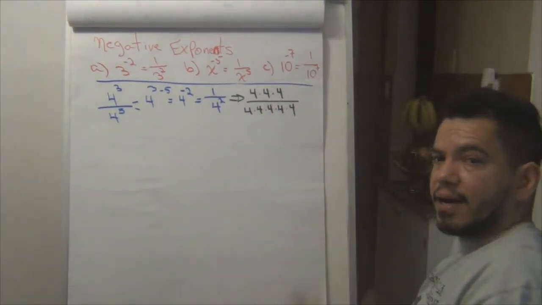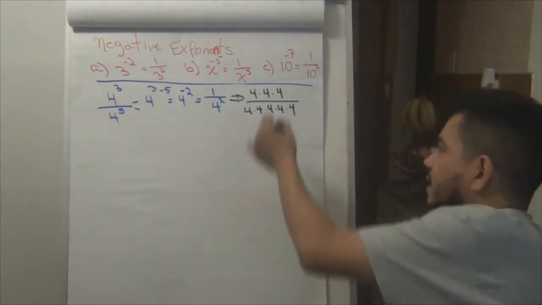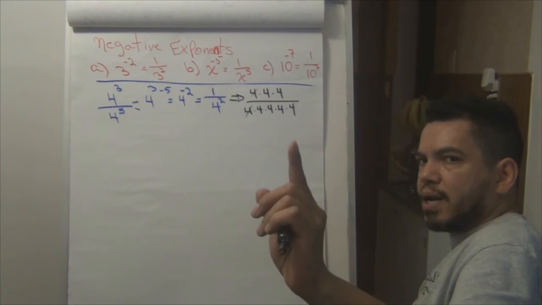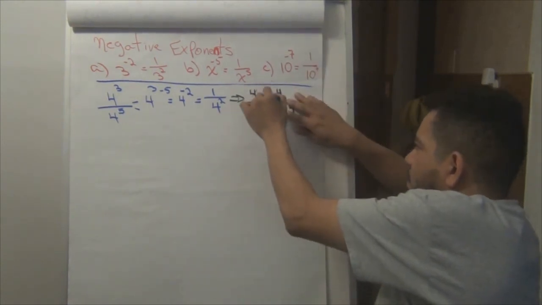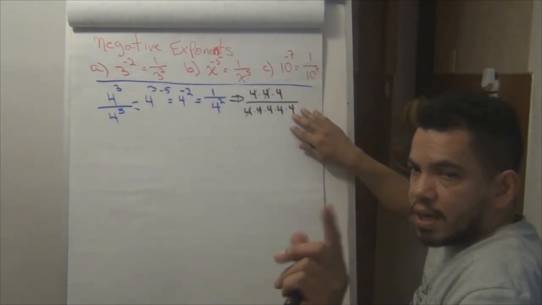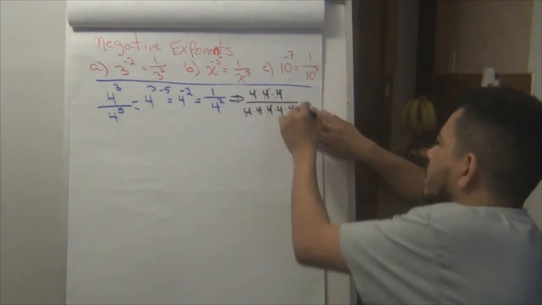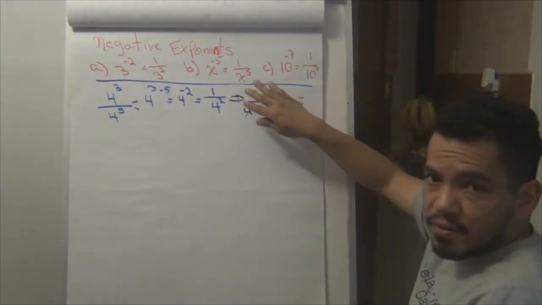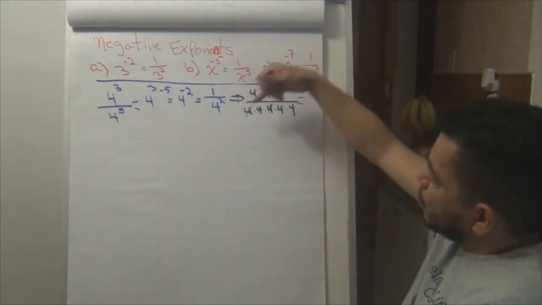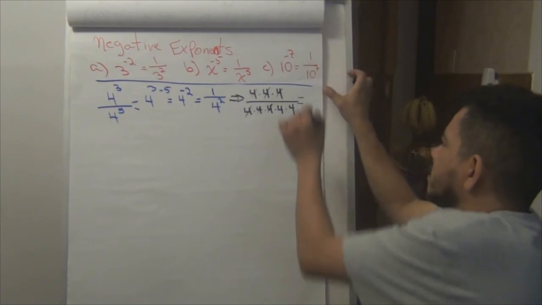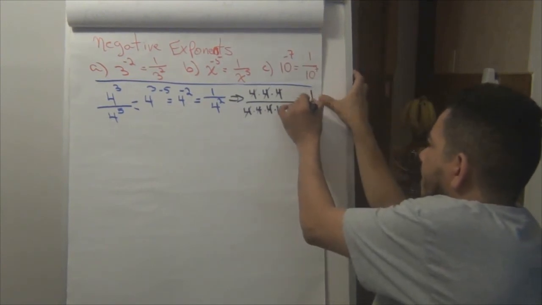let's see. Let us start eliminating. 4 divided by 4 is 1, times 4 divided by 4 is 1, times 4 divided by 4 is 1. Where does the 1 go, top or bottom? Well, I ran out of 4s on the top, so it's 1.